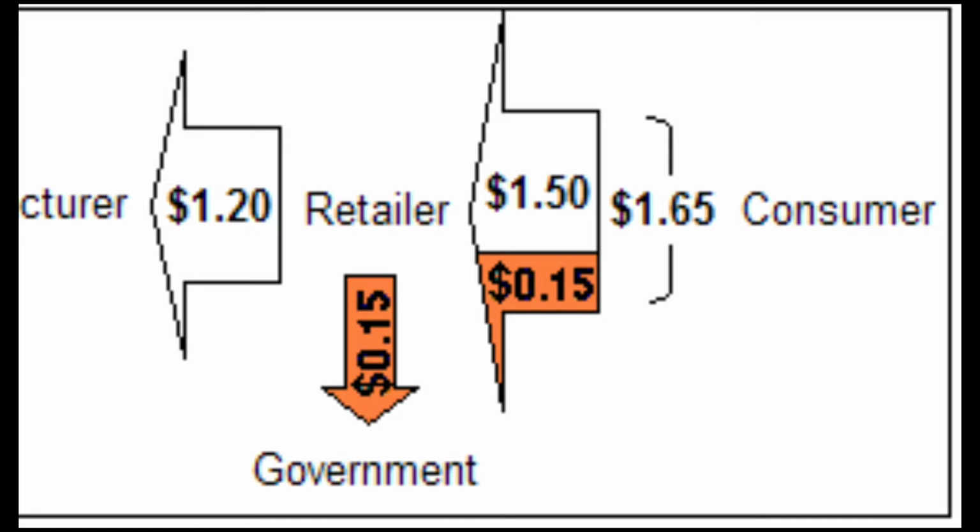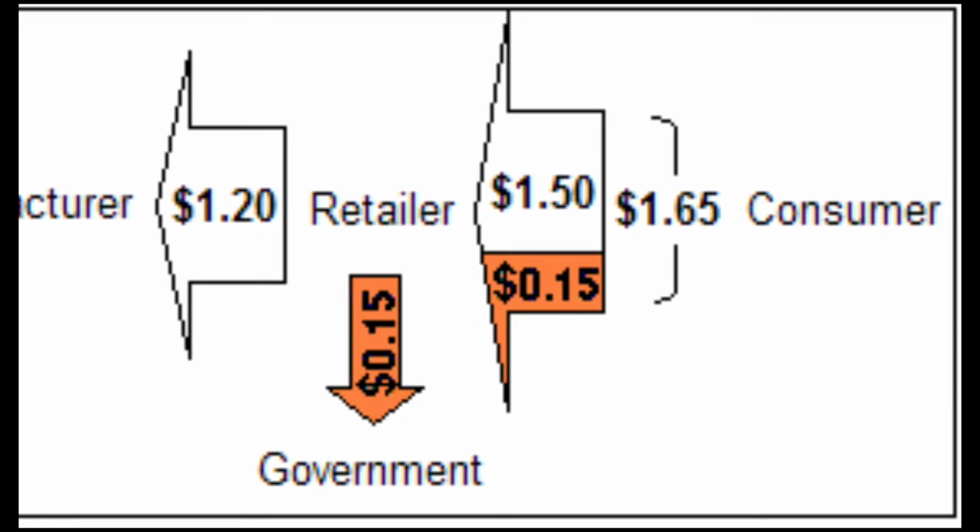Now the consumer will pay the retailer $1.65 for the chairs. The retailer will keep with himself only $1.5. The excess $0.15, that is the sales tax, he will deposit into the government treasury. That is the orange part of the bigger arrow and the orange part in between, which you can see, $0.15. So the retailer is not keeping any of it with himself, nor is he paying any sales tax.